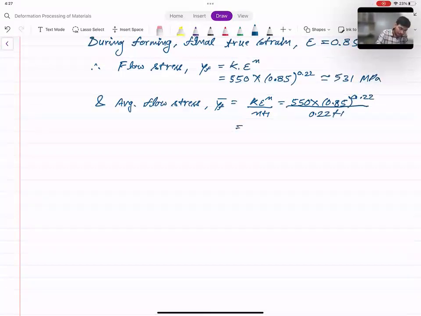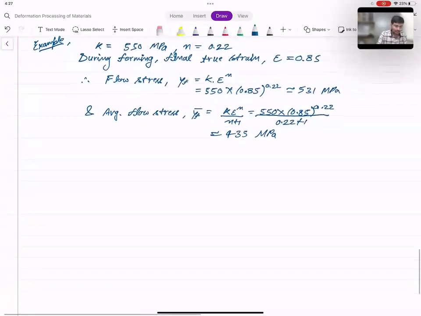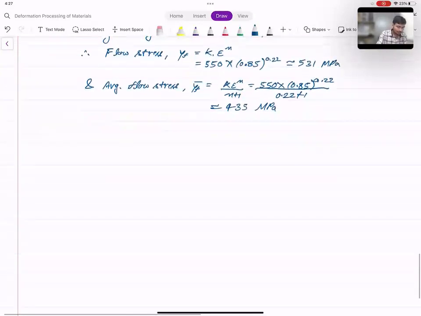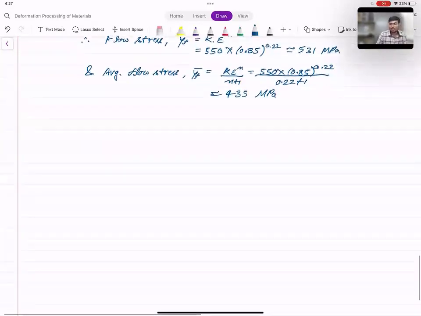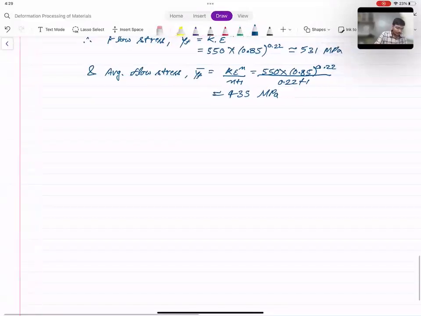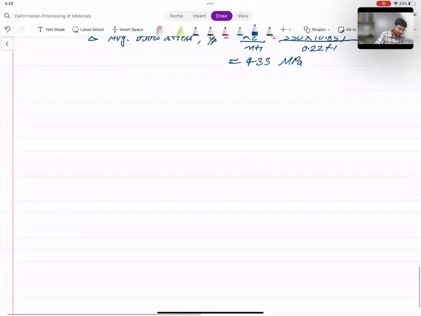Upon calculation, we get approximately 435 megapascals. Okay, so this example utilized the concept of flow stress and average flow stress. Let us see another example. So again, there is an example.